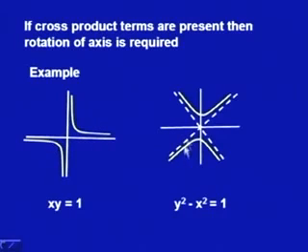After rotation, this was the previous axis before rotation, and when you rotate it, it will be the new axis. So this curve and this curve are the same, only difference is that this curve is rotated. After rotation, cross terms can be eliminated and one can very easily recognize this to be a hyperbola.